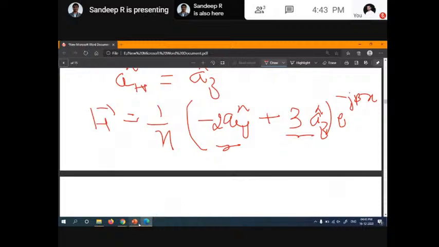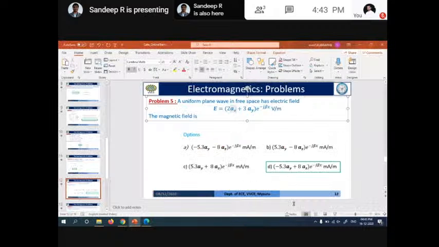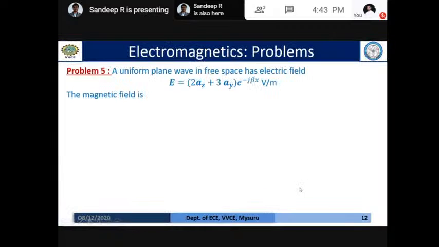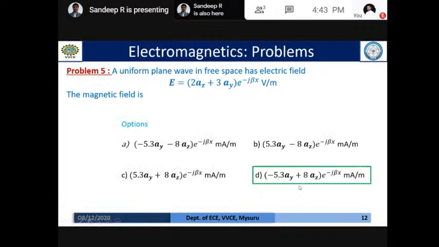Once you divide it, the answer will be minus 5.3 AY plus 8 AZ e power minus j beta x milliamps per meter. So this is the option for the fifth problem. So option D is the answer. This is how you have to calculate vector H if vector E is given.